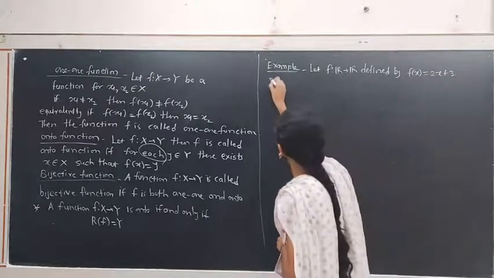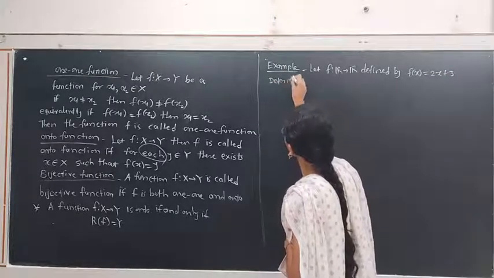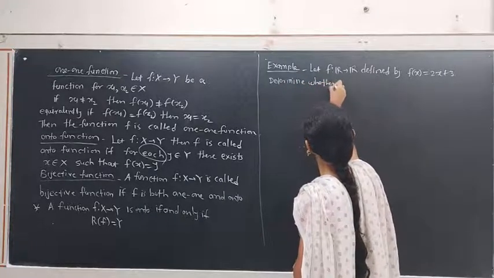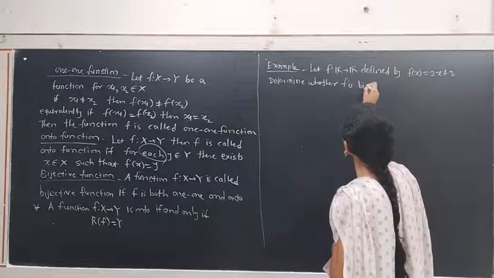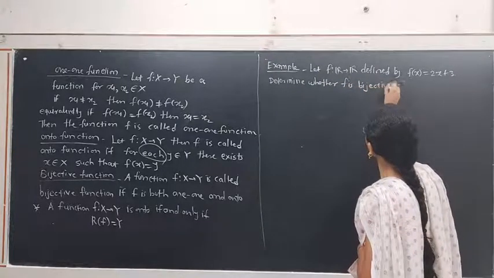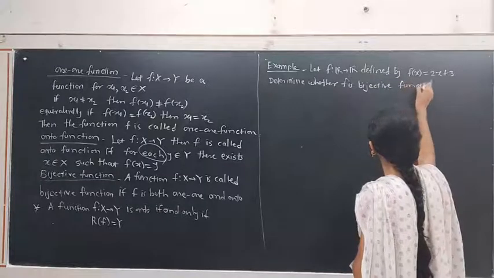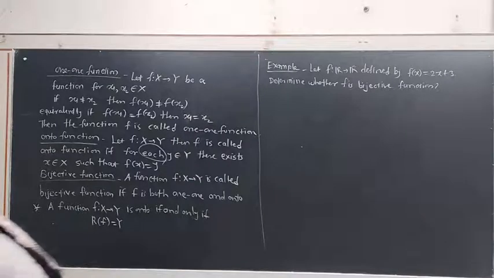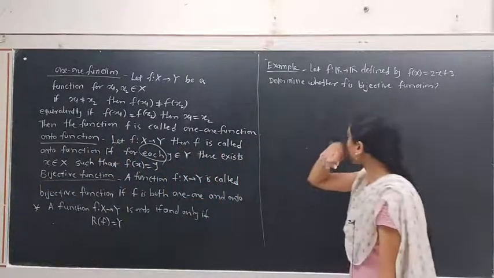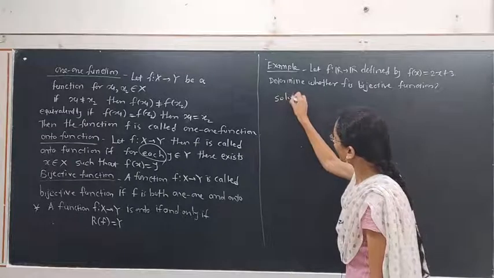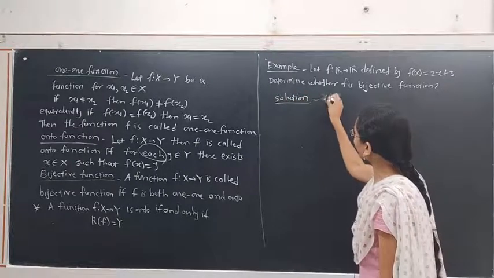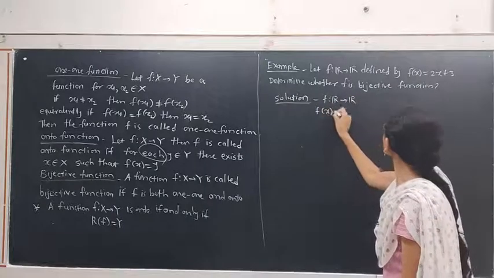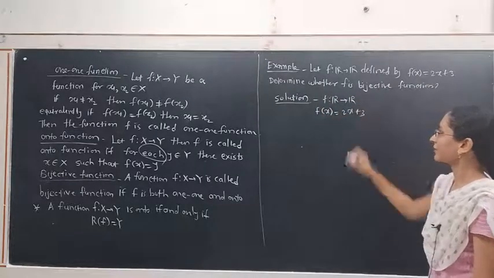Determine whether f is bijective function. f is a function from R to R defined by f of x is equal to 2x plus 3.